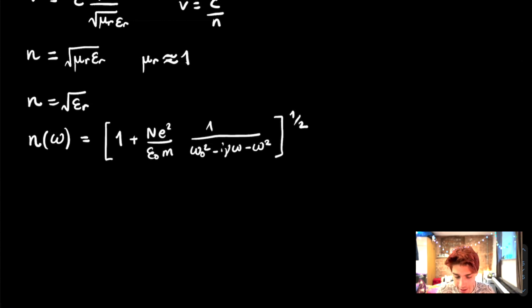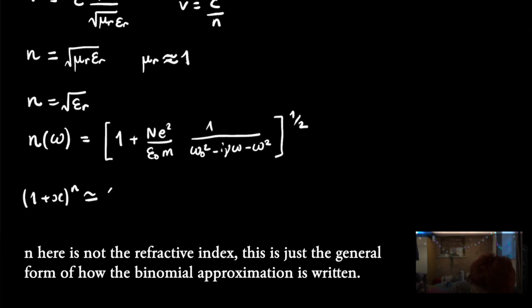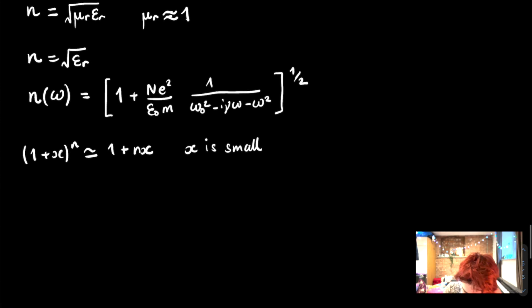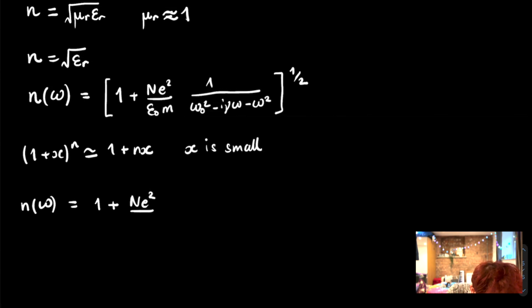And if it does, then we can use a very handy approximation, which hopefully you guys are familiar with, in that 1 plus x to the power n is approximately equal to 1 plus nx if x is small. So because we said that n is sufficiently small, we can go ahead and use this, and we're going to get that n of omega is equal to 1 plus ne squared divided by 2m epsilon naught times this factor right here.